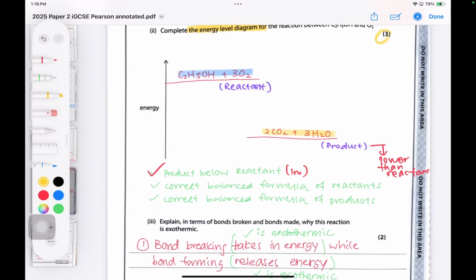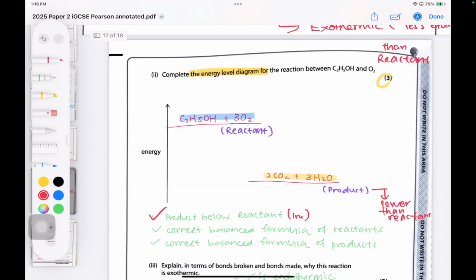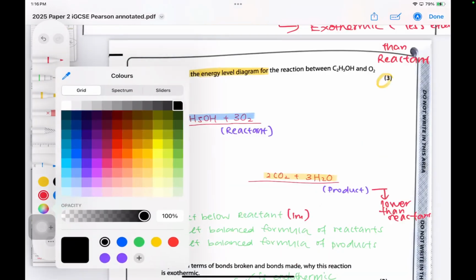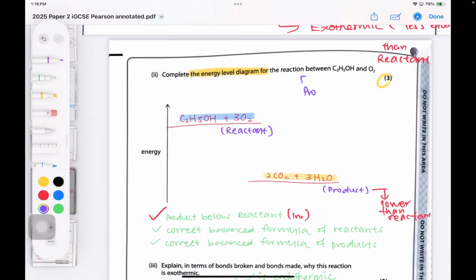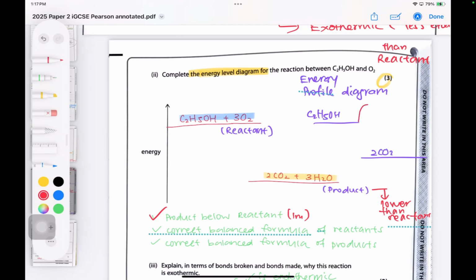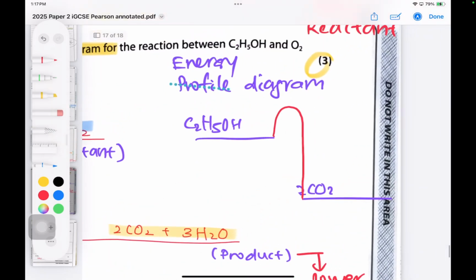So this is a very simple energy level diagram because there's no need for you to include what we call activation energy. Now, I'm going to take a moment to include what we call the energy profile diagram. How this will look like is the same 2 lines, with the same C2H5OH, basically everything that you have over there, but you need to include, I'm just going to write this activation energy hump, okay? I'm going to remove the pixels, and I'm just going to zoom in a little bit, and this is what we meant by energy profile diagram.